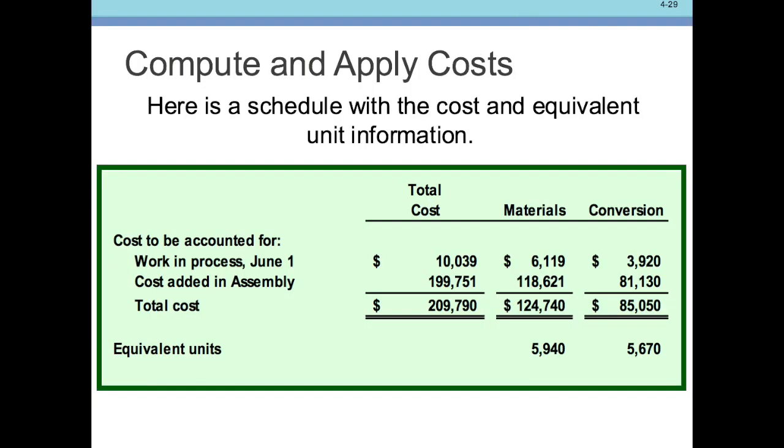So it's beginning plus whatever was added, and those are the two numbers we just had. So it's pretty straightforward to figure that out. The materials were a total of 124 and some change, and the conversion was 85 and some change. And of course we have our equivalent units there, 5940 and 5670, which we determined earlier.